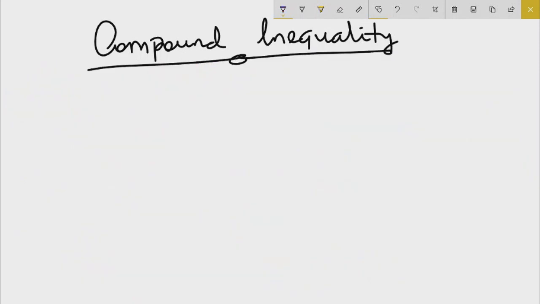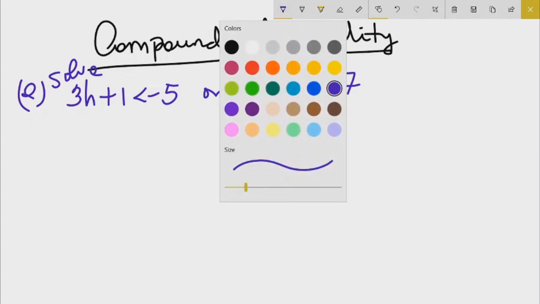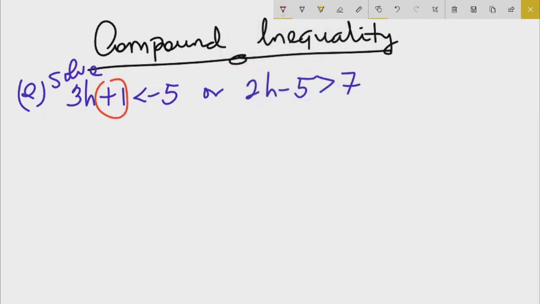Okay, let's talk about example 2. This is the second type of compound inequality, the OR case. So we want to solve them. This has already been disjointed, so just solve each of the inequalities one after the other, and then combine the answers at the end. Let's solve the first one. We need to take care of this positive 1, so we move it to the right.